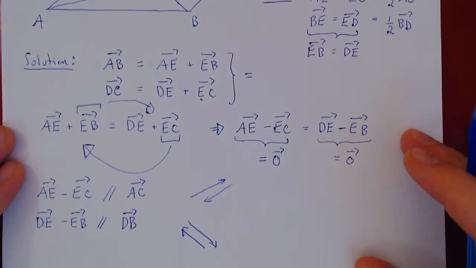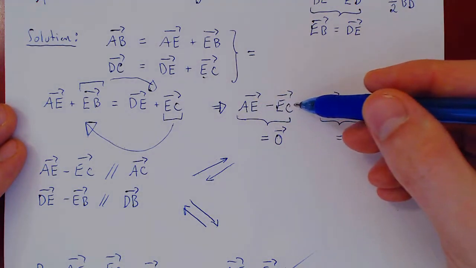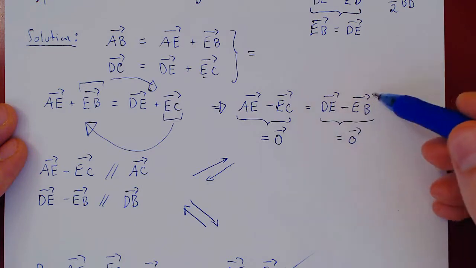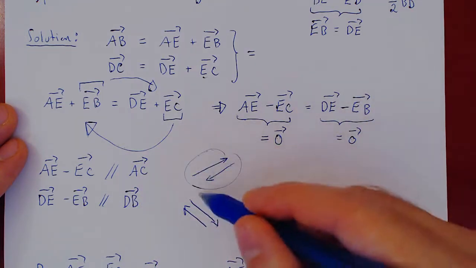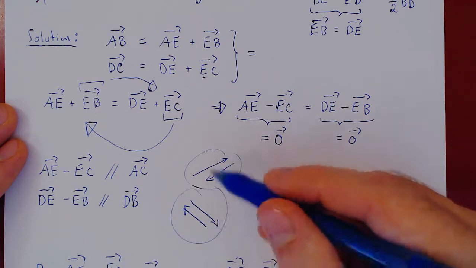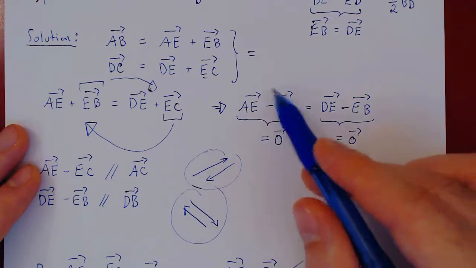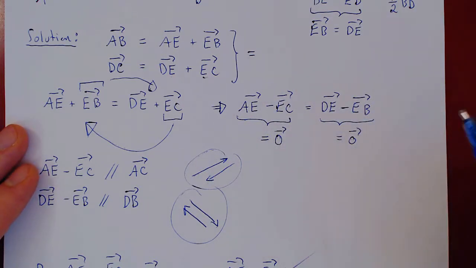And the only tricky part of the argument here was that because this vector was lying on the diagonal AC, and this vector was lying on the diagonal DB, both vectors had to have different directions, therefore could not be equal unless both vectors had no direction to begin with, therefore were equal to the zero vector.